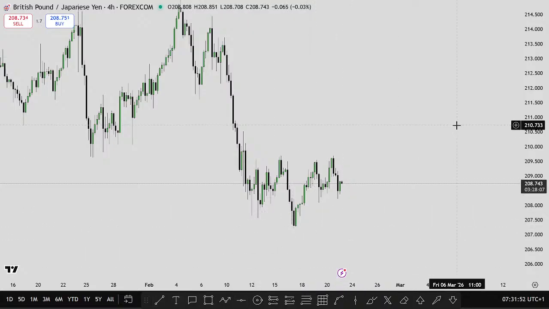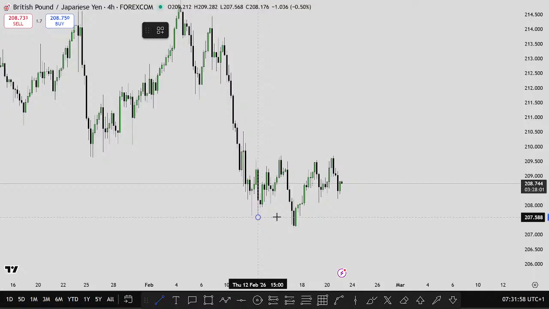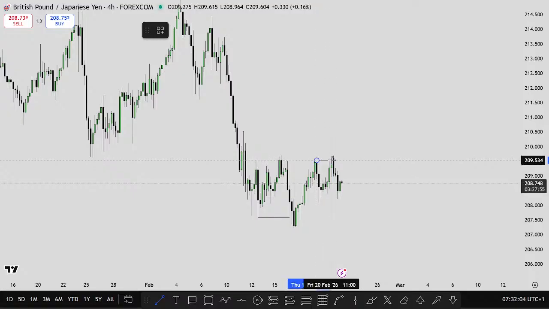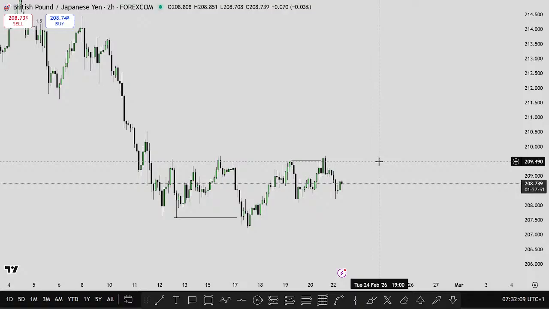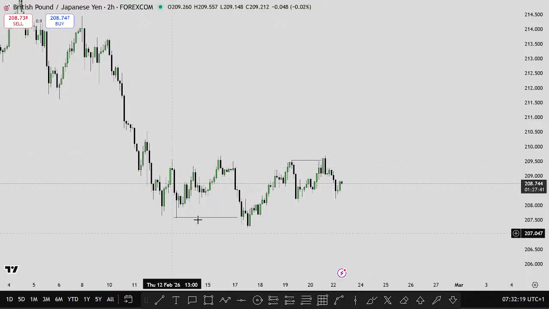Oh boy, I have double breaker structures because I have this breaker structure here, 1, and also this one here, 2. So let's see which one is current, which one takes more precedence. Alright, GBP JPY. Okay. So from what I can see, this one is the current one.